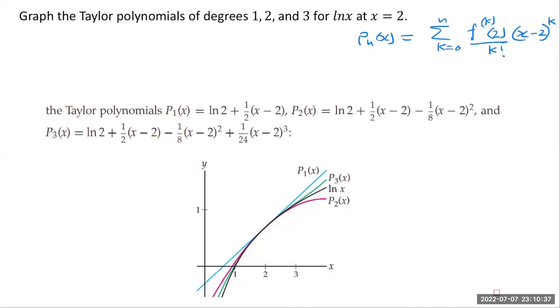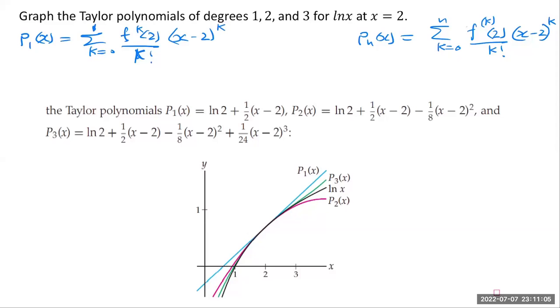If you plug in n is equal to 1, you get P1 of x, the degree 1 Taylor polynomial, that is going to be, by definition, the sum, k goes from 0 to 1, of f^(k)(2) divided by k factorial times (x minus 2) to the power k.